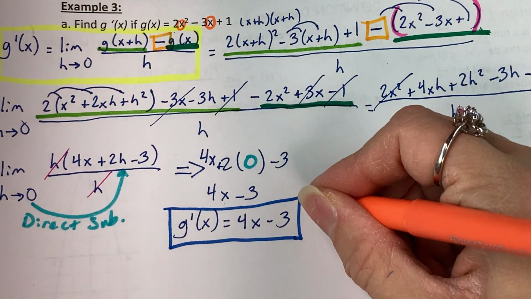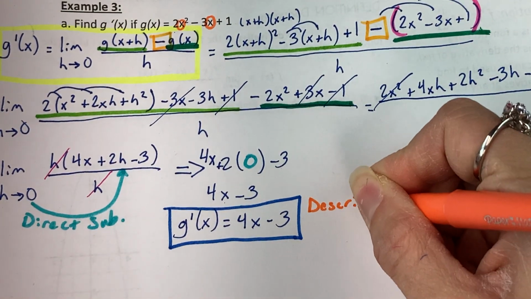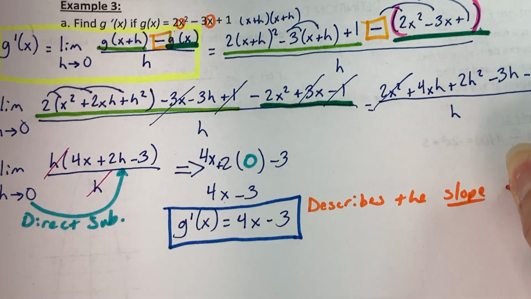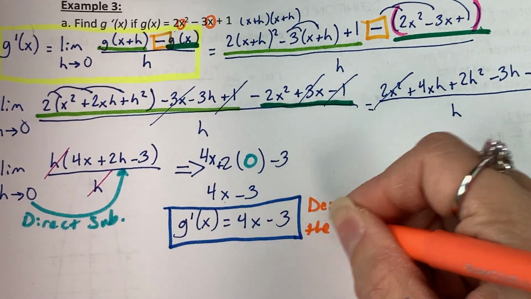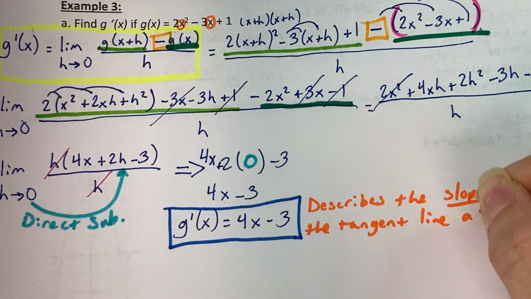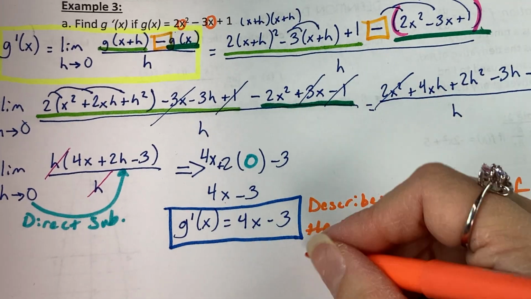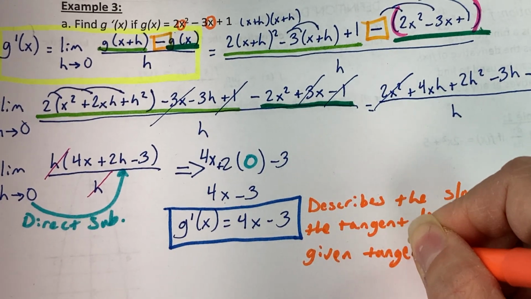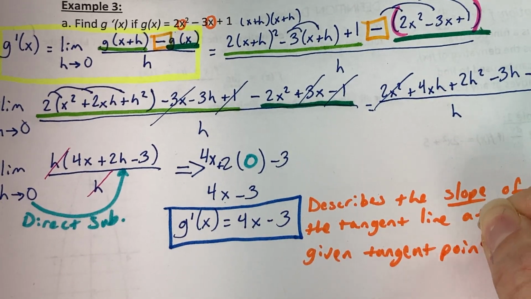So this describes the slope of the tangent line at any given tangent point x value.